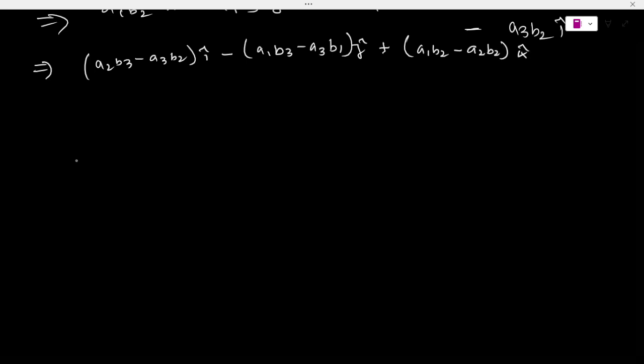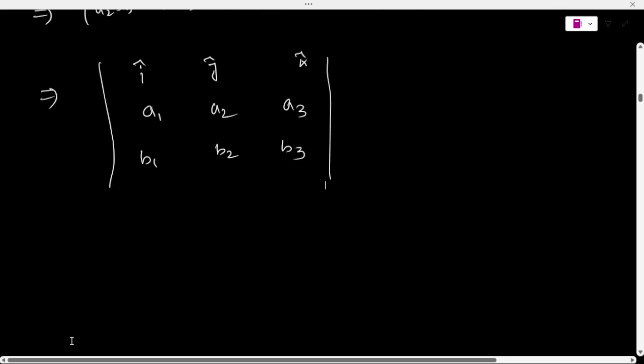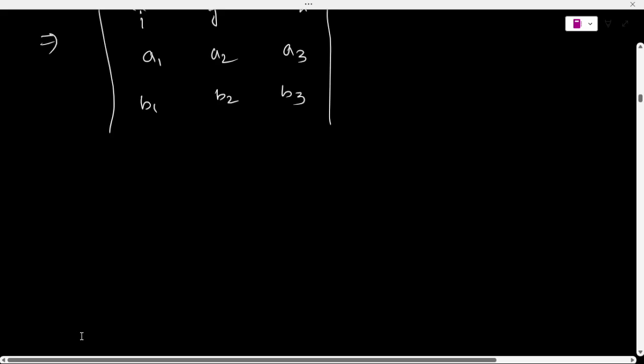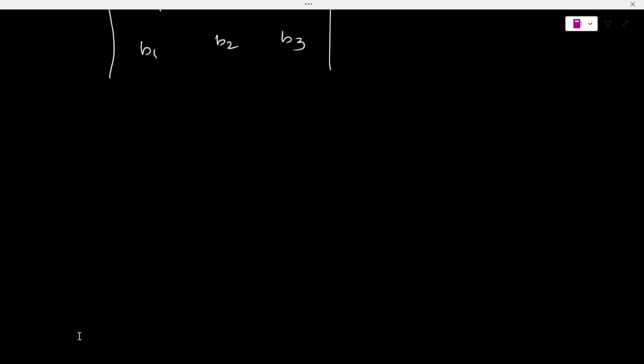Okay, so when you get the ultimate result, definitely it will be the determinant with rows I cap j cap k cap, a1 a2 a3, b1 b2 b3, in matrix form. So this will be the ultimate thing. I hope you understand.